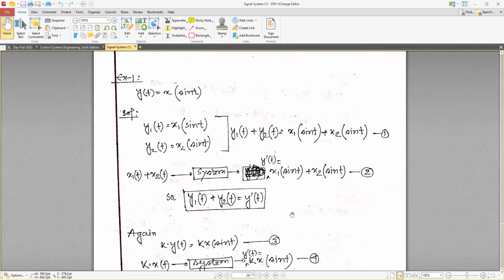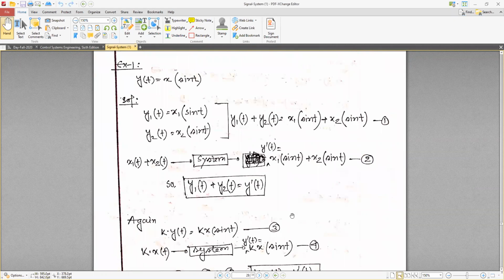So here an example is given. See, y of t is equal to x of sin t. So y1(t) is x1 sin t, y2(t) is x2 sin t. If I add these two, then we'll get the same.